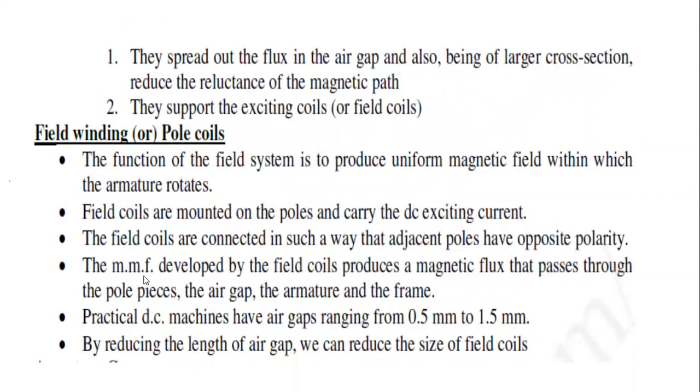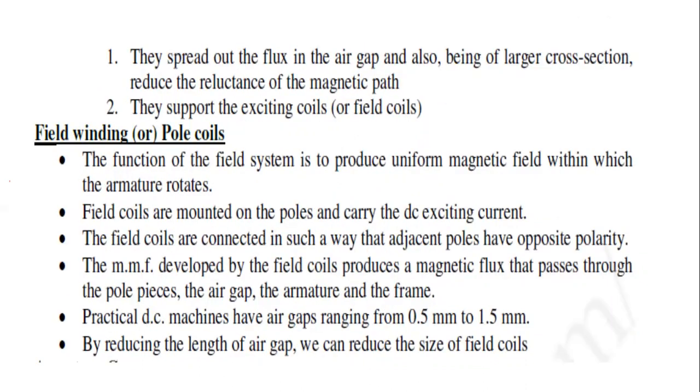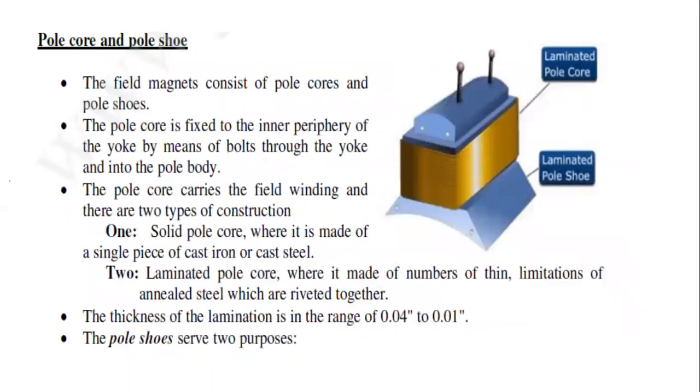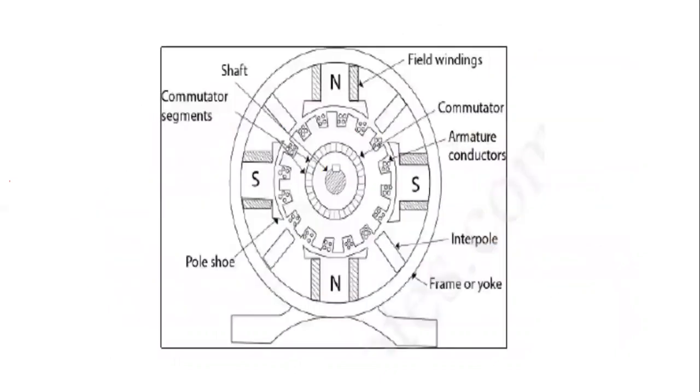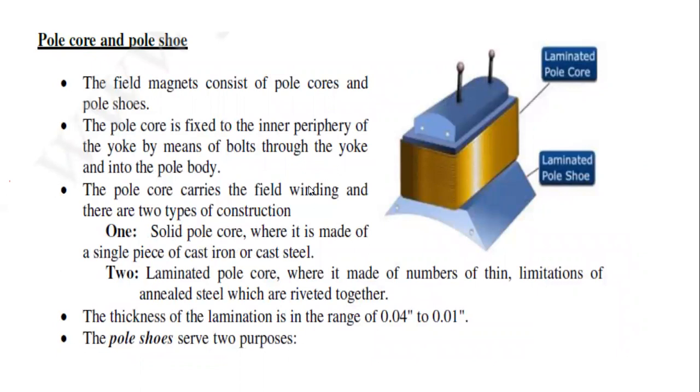Next, this is the total practical view of a yoke and the field system. This is the overall field system. This field system consists of a pole core, pole shoe and field winding.